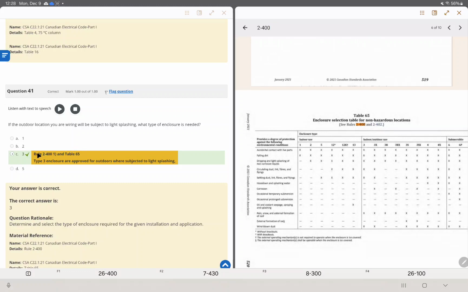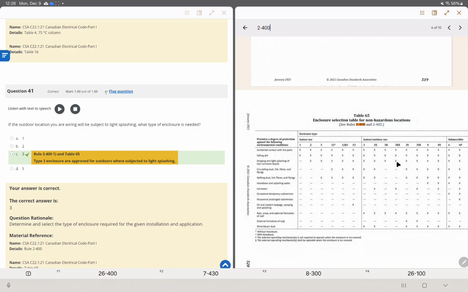If it is not talking about the type, we'll look at table 65, and we see here that the outdoor location wiring will be subject to light splashing. Dripping and light splashing of non-corrosive liquids.